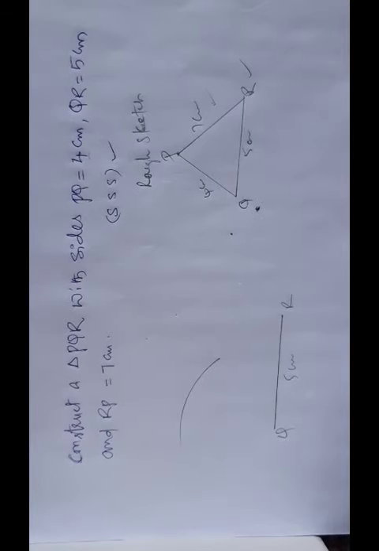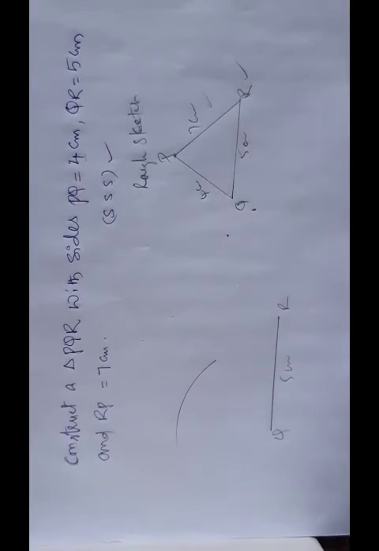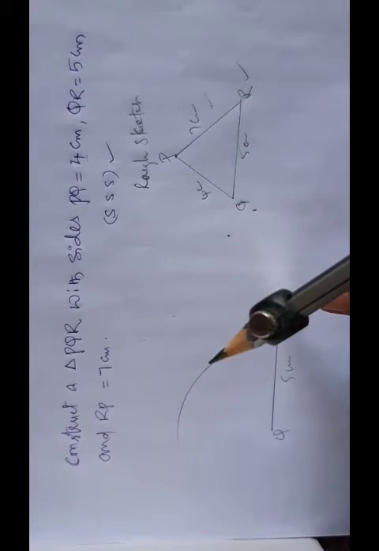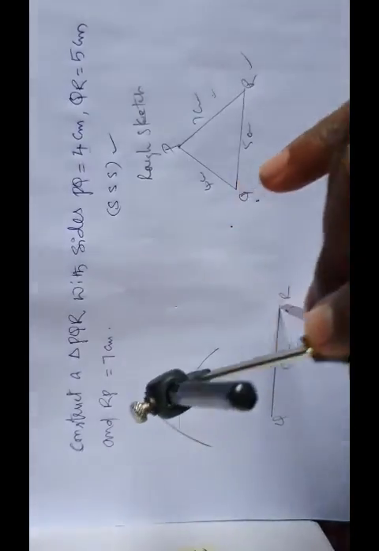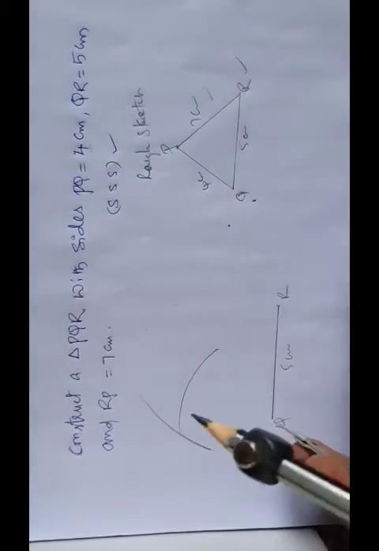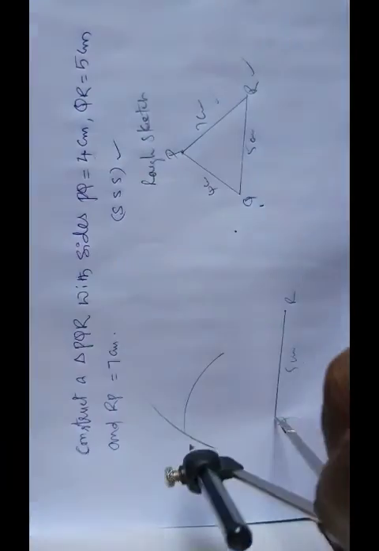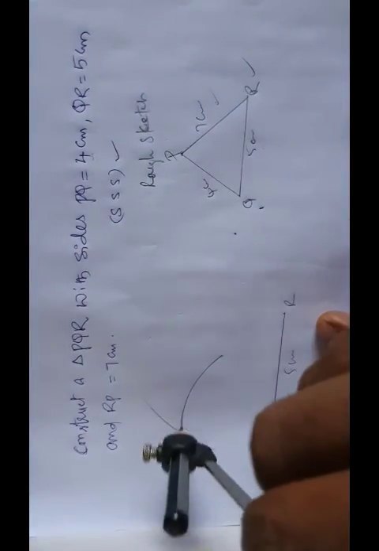Now put the compass point at point R. From point R, draw one more arc. This arc must intersect the previous arc. That means this 4 centimeters arc we have already drawn here, so that should intersect the previous arc.